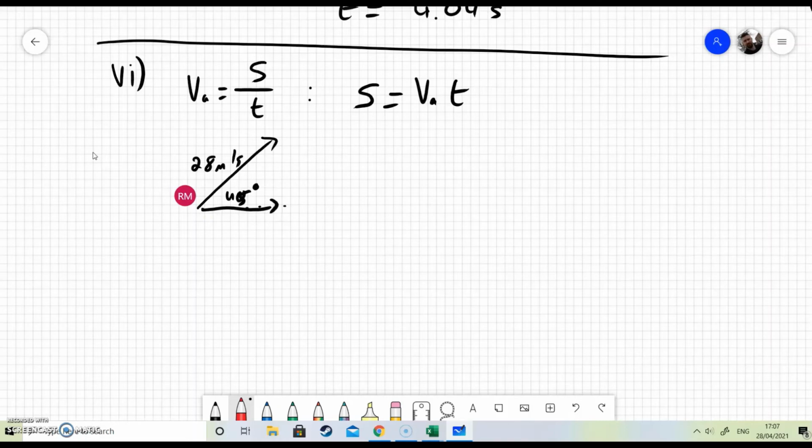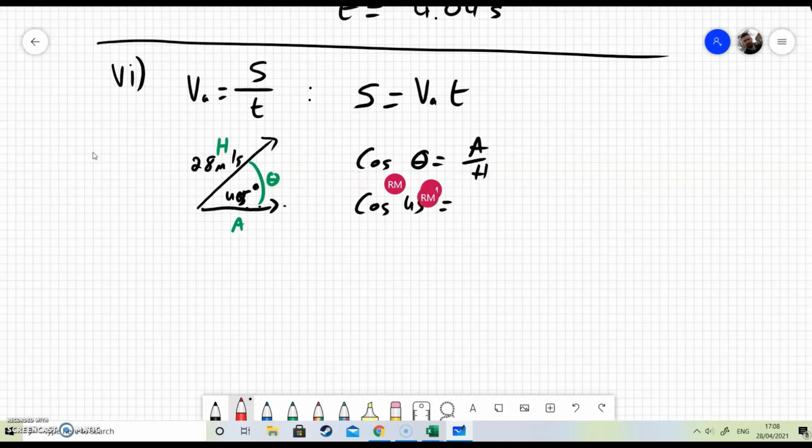So in this case, we can use cos theta, which is equal to my adjacent over my hypotenuse. And I'll just label this quick. That's my hypotenuse, this is my adjacent, and that there is my angle theta. So if I put my numbers in, cos 45 degrees is equal to my velocity, and that's going to be my average velocity in the horizontal direction divided by 28.